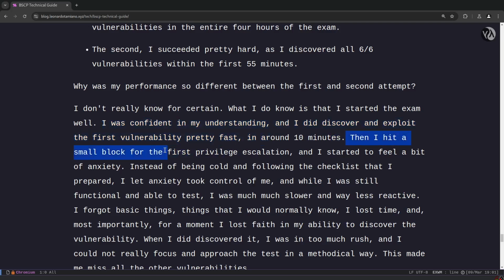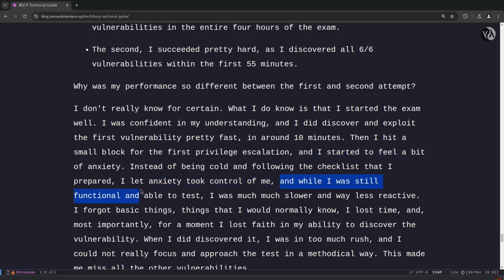However, the problem came in the second step, because I hit a very small block for the first privilege escalation. And to be honest, when I look at the vulnerability, I actually was on the right path, but then I confused myself. And this is where things started to go downhill, because I started to feel a bit of anxiety. And instead of being cold, following the checklist that I prepared, I let anxiety take control over me.